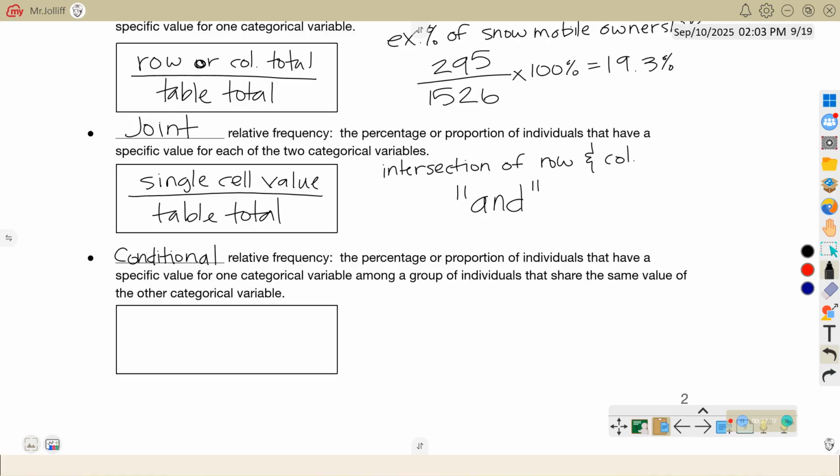So this changes the denominator. I am limited to one category of the table. I am only looking at one row or one column, meaning the bottom of my fraction, instead of the table total, is now the row total or the column total.